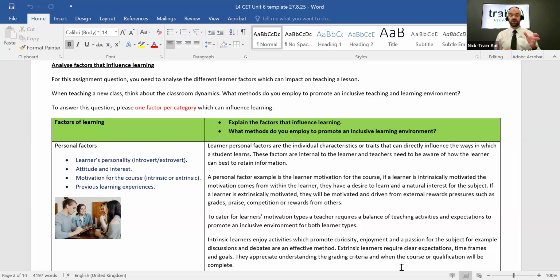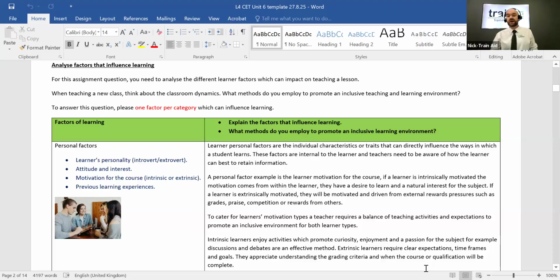Some are there for intrinsic purposes. They have the passion for the subject. Others might be more extrinsically motivated. Perhaps they've been told to go on your course for a reward or a purpose. So there is that kind of balance, and we need to think about how we can cater for everyone in terms of creating this inclusive environment.